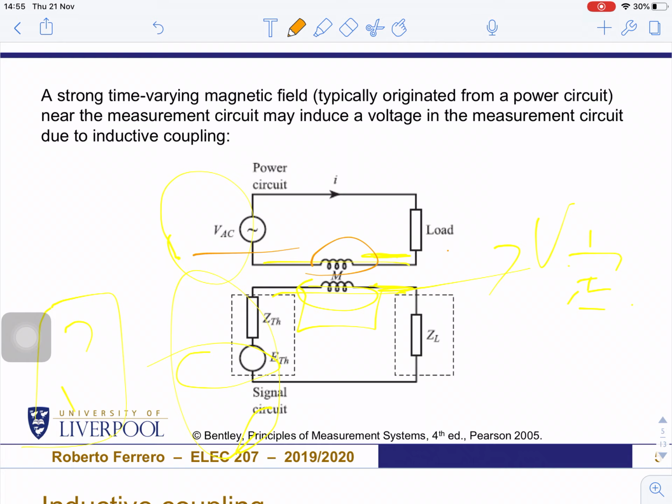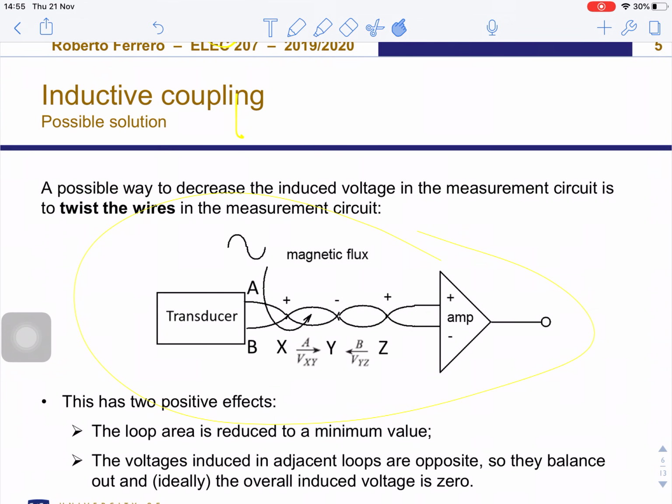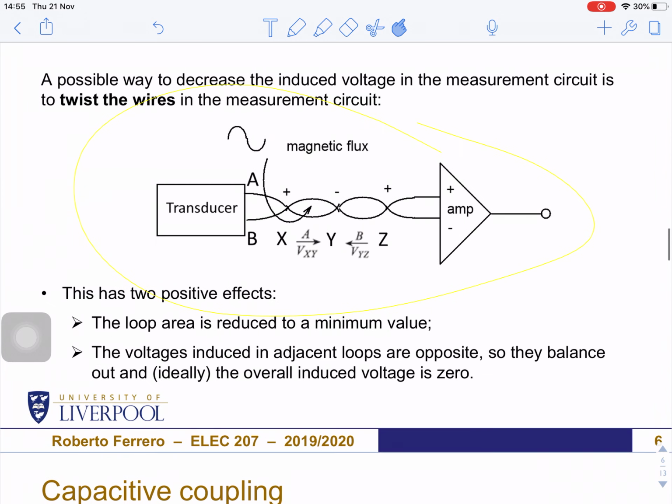Therefore, this one is the signal generator, and this one is the signal circuit, which is illustrated as the transducer together with the amplifier, because the transducer only measures the signal, and the amplifier makes the measurement clearer and easier to read.